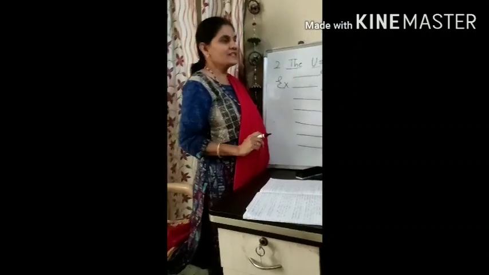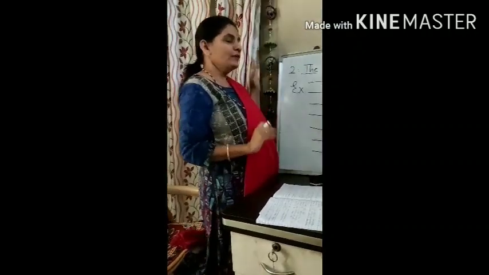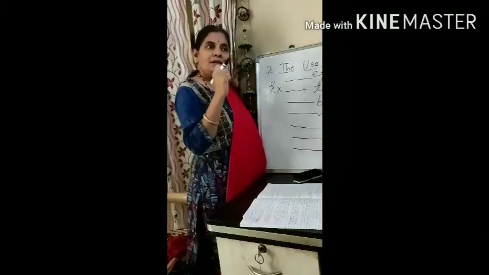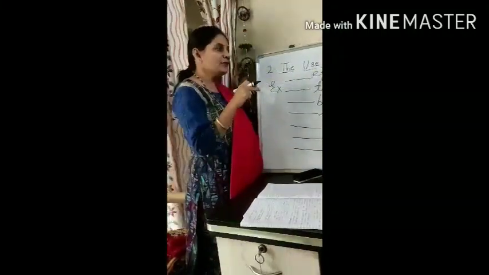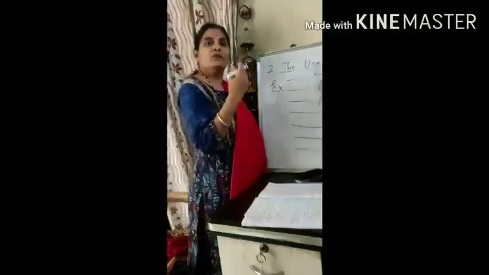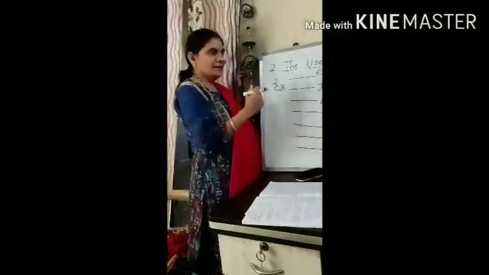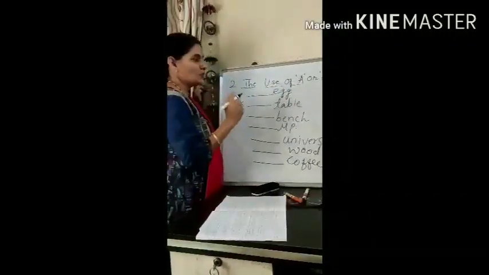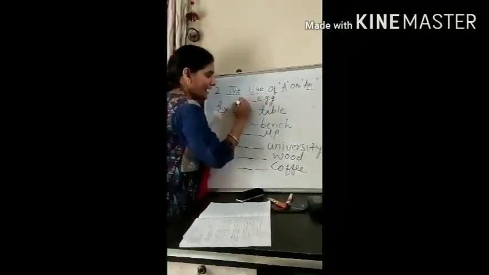Students, let us revise this chapter. We use a or an before singular countable noun. A we use before the consonant sound and an we use before the vowel sound. Let us see. Now egg. Egg, E is a vowel, so we use an egg.